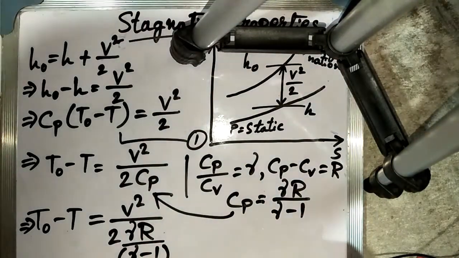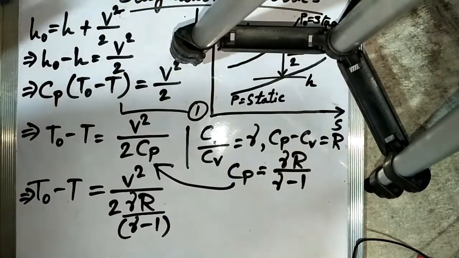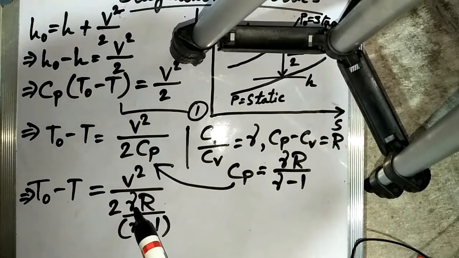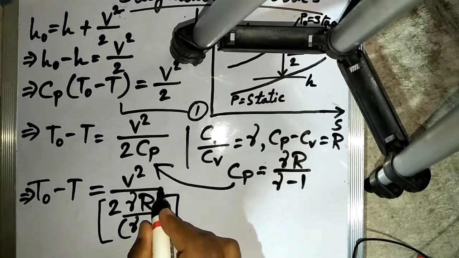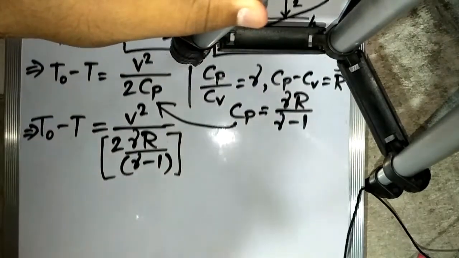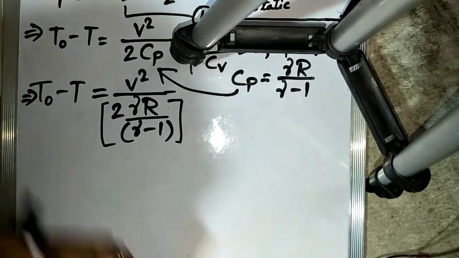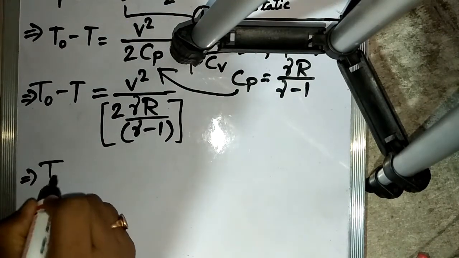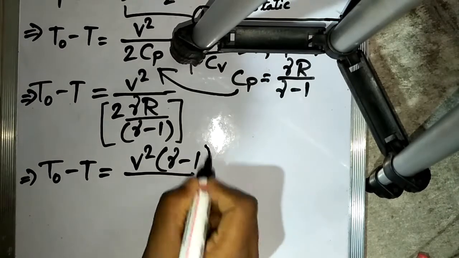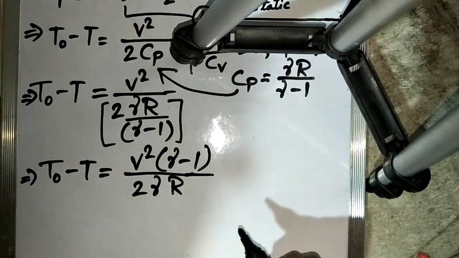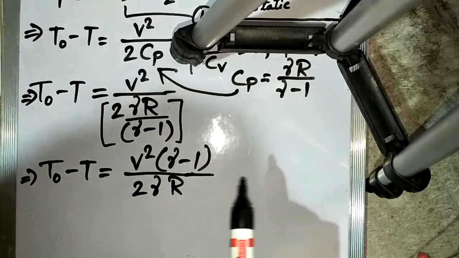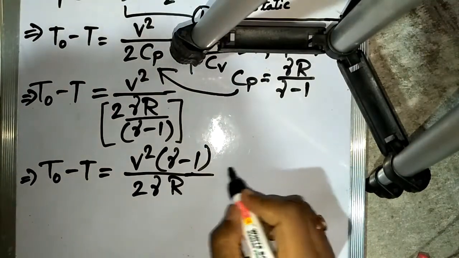We can write T0 minus T equals V square by 2 into gamma R by gamma minus 1, or we can write T0 minus T equals V square into gamma minus 1 by 2 into gamma into R. Suppose this is equation number 2.